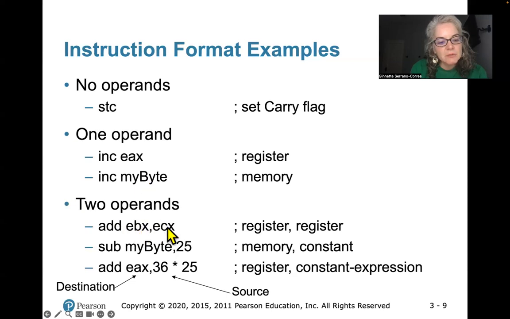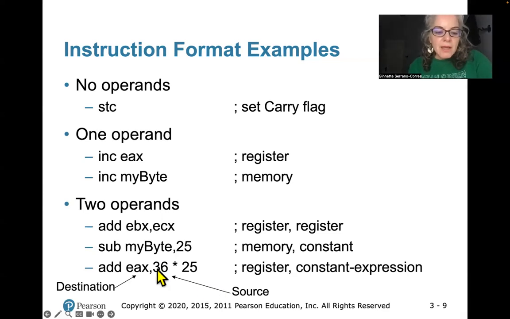Here we're adding these two registers, the values inside the registers. Here we're taking this constant and subtracting it from whatever's in this variable. Here we're multiplying two constants, and then we're adding that value to whatever value is in EAX.